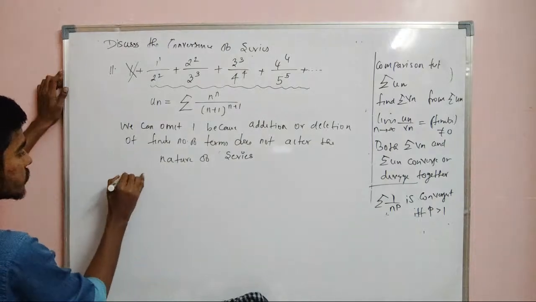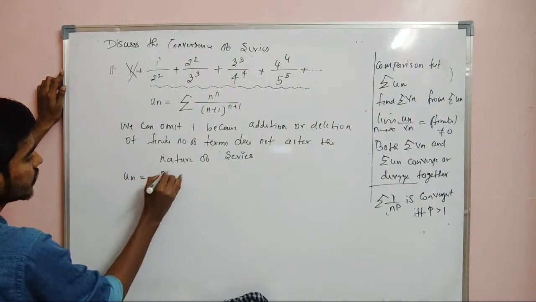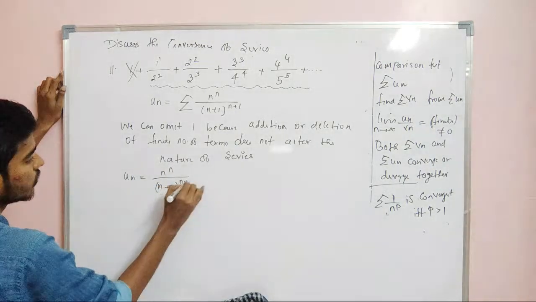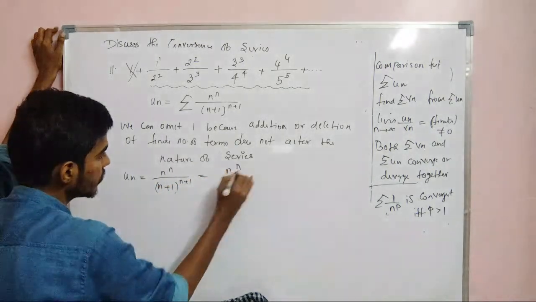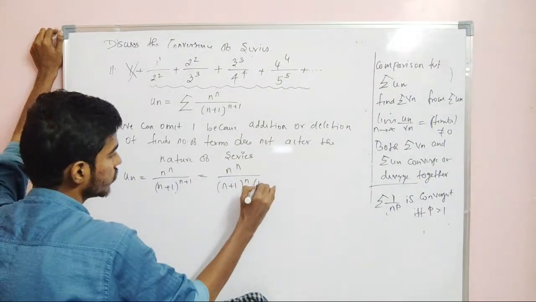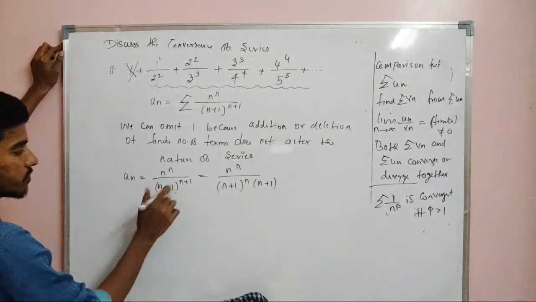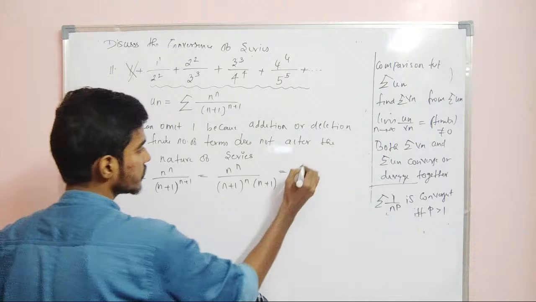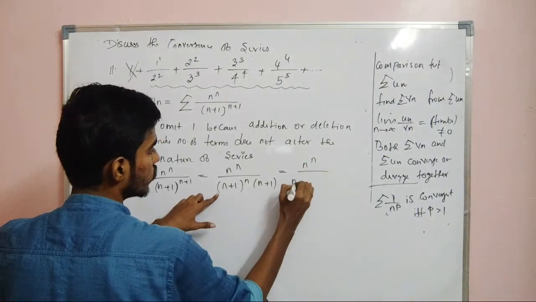So our un is n power n divided by n plus 1 whole power n plus 1. So this is nothing but n power n divided by n plus 1 whole power n into n plus 1. So I am just splitting the powers n plus 1. Now we will just take n power n outside here.